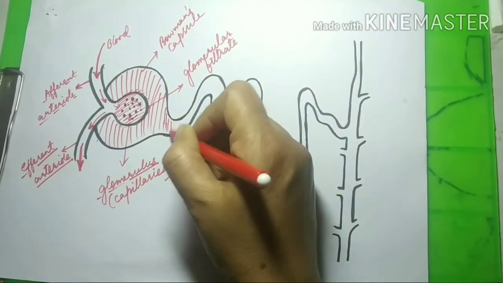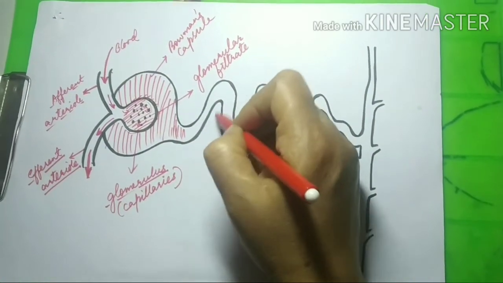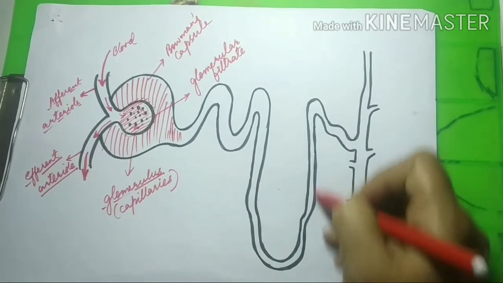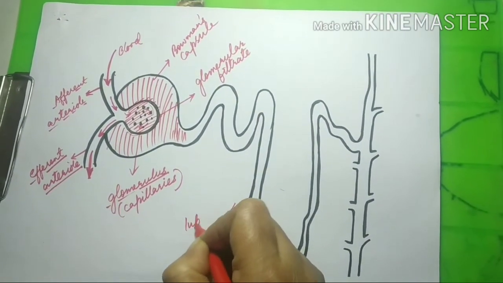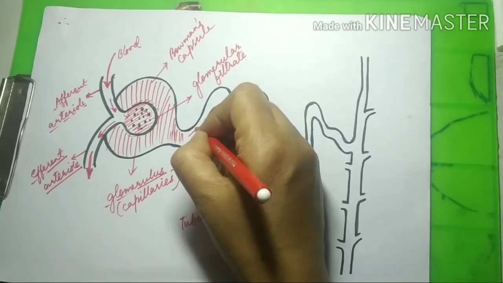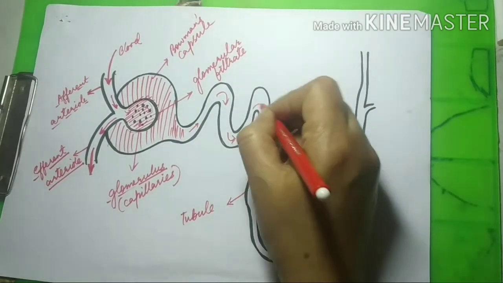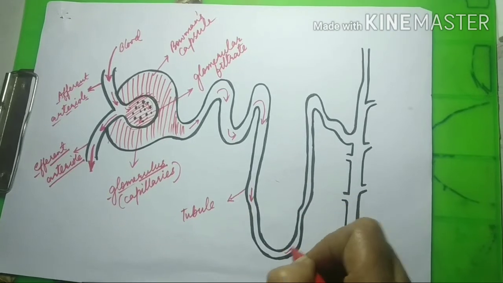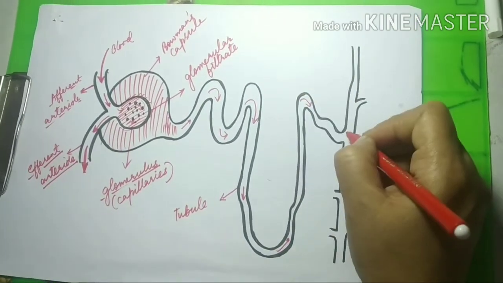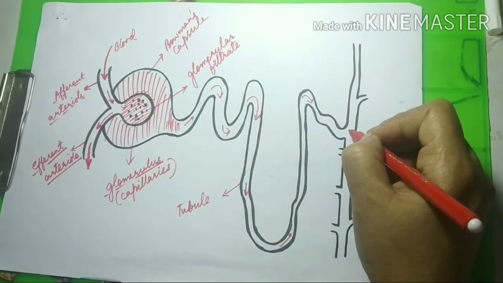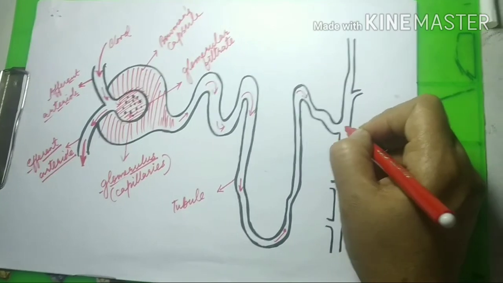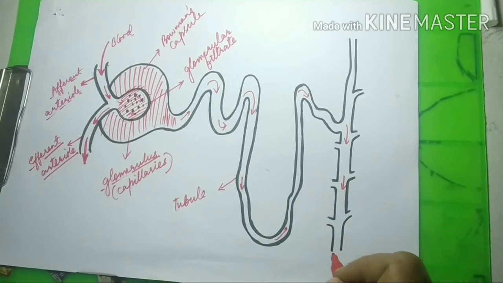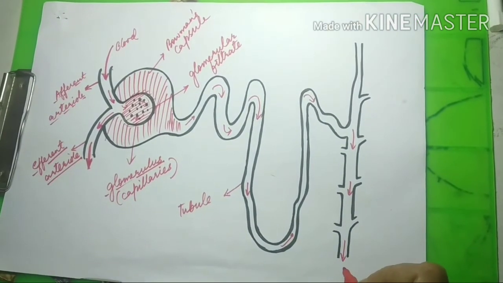From the Bowman's capsule, the glomerular filtrate enters a coiled tube-like structure, and this is called the tubule. Now the filtrate passes through this tubule and moves around it until it reaches a collecting duct. This collecting duct leads to the ureter, which opens into the urinary bladder.